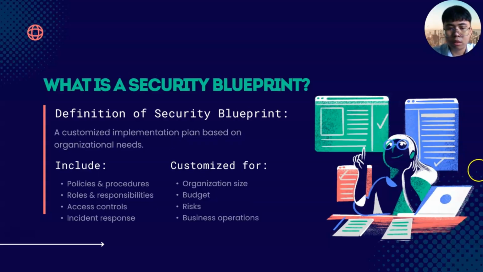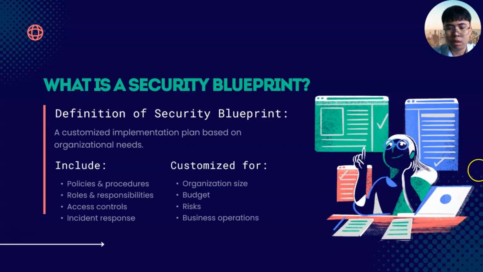So next, what is a security blueprint? Unlike a security model, a blueprint is a customized implementation plan for a specific organization. It converts security guidelines into actual policies, procedures, access controls, and incident response mechanisms.